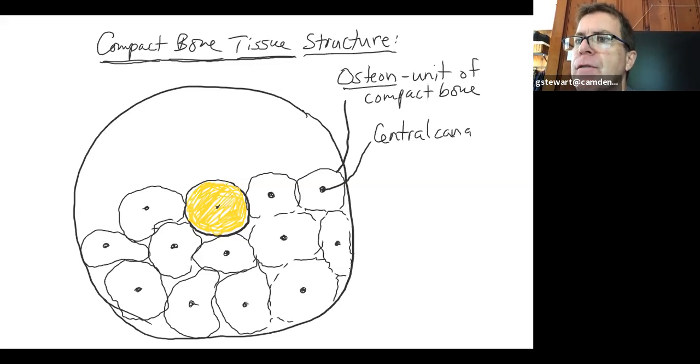So in the center of each osteon is a central canal. If you see this word, it's the same thing. And that canal contains not yellow marrow, but vessels and nerves. Arteries, veins, and nerves.